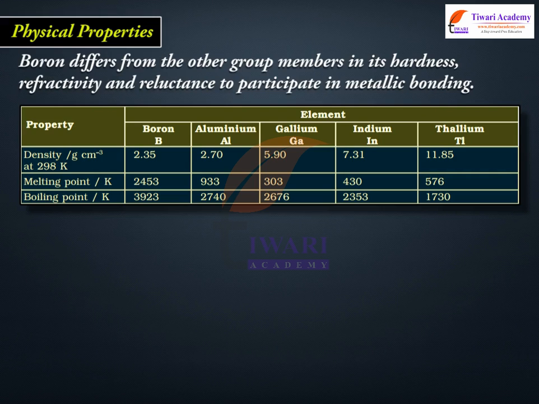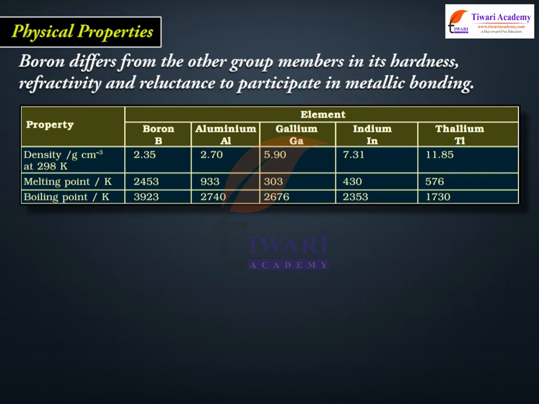In gallium, indium, and thallium, both +1 and +3 oxidation states are observed. The M3+ state for gallium, indium, and thallium is energetically less favorable than Al3+.